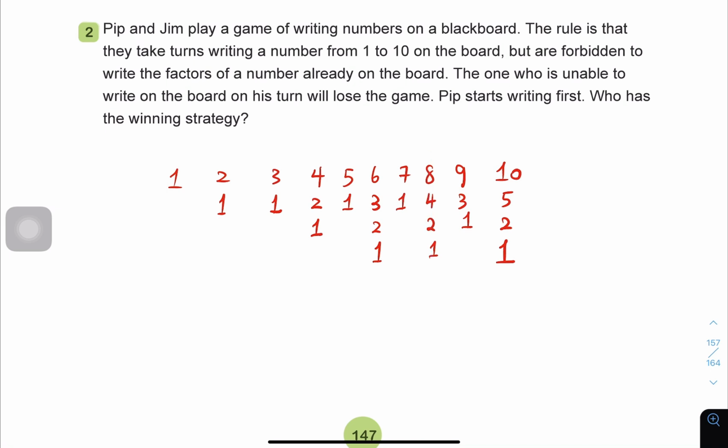So next, we are trying to move on to 6. If I cross out a 6, it means that 3, 2, and 1 are gone. And now I have 4, 5, 7, 9, 8, and 10, which does satisfy our requirement for these two sets to be symmetrical.